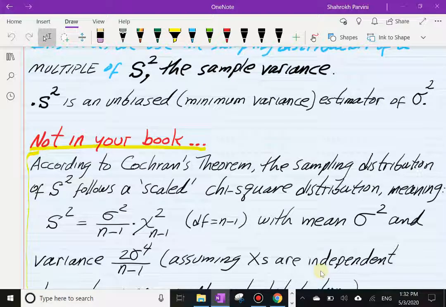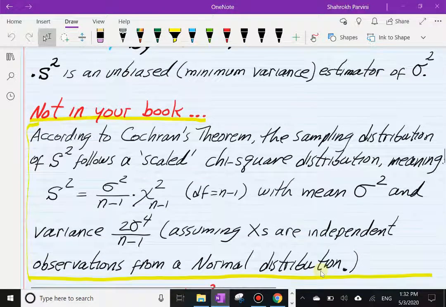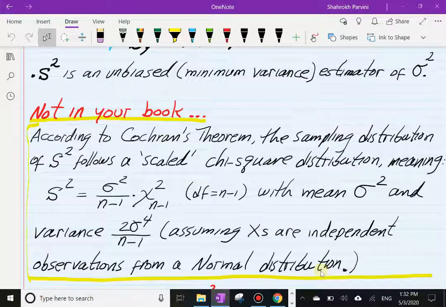This is, of course, assuming that we're drawing observations from a normal distribution. Now, what if we're not sampling from a normal distribution? The formula for the variance is going to be different, but not for the mean. It's just the variance that is going to be much different. So there you go.